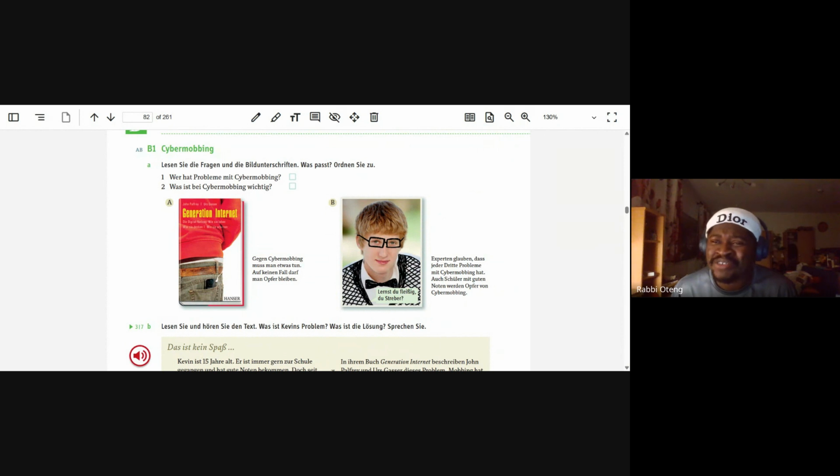It's accusative. The Aku is the battery. Aku is the battery, with a double K.